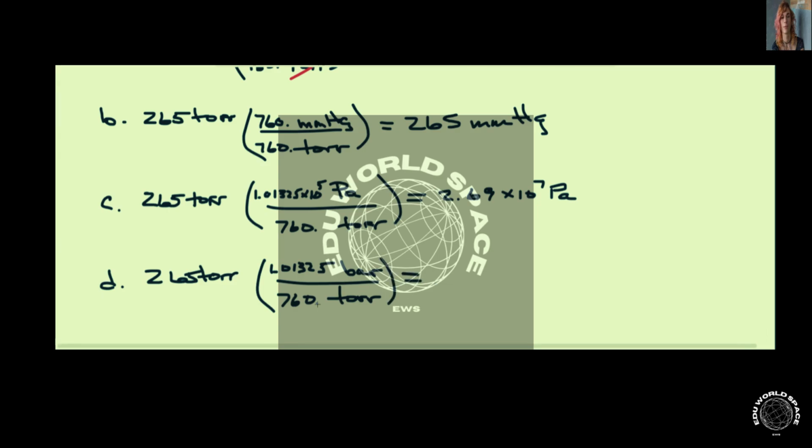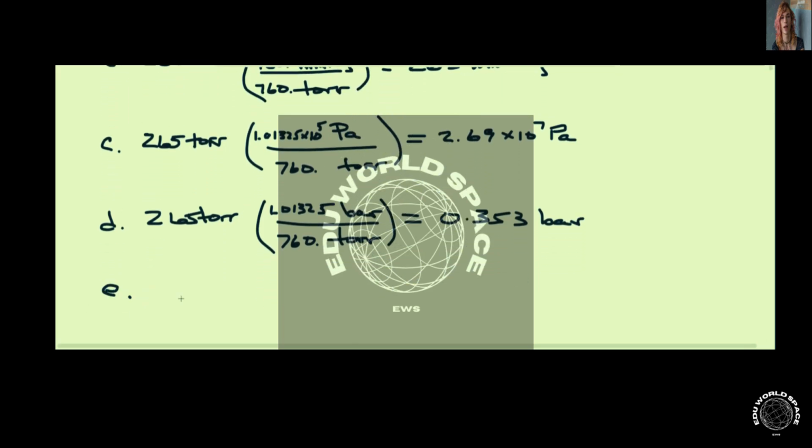And so when we do the math on that, and again, this is going to be to 3 significant figures, we're going to wind up with an answer of 0.353 bar.